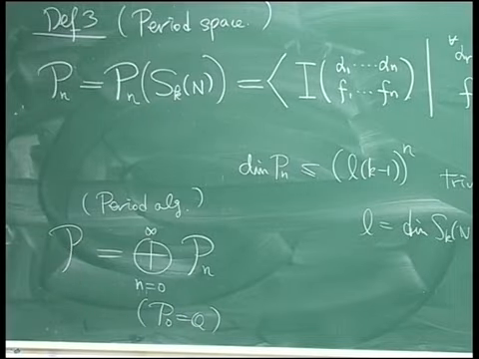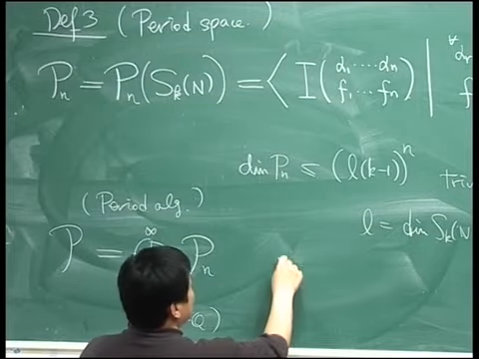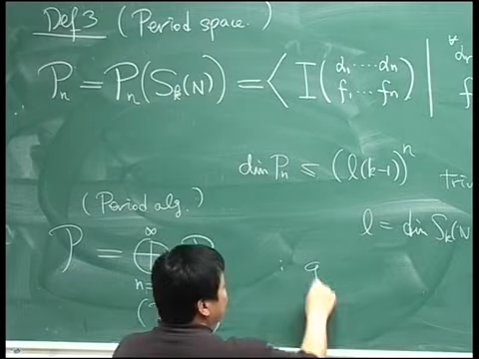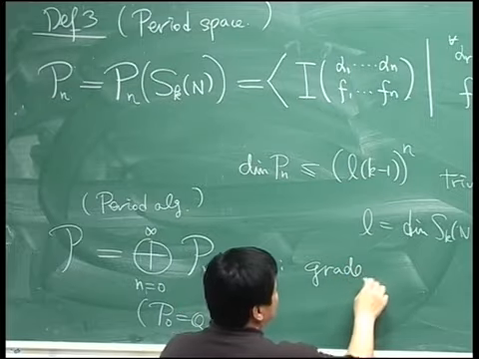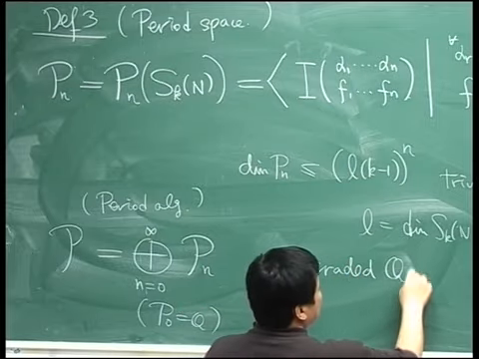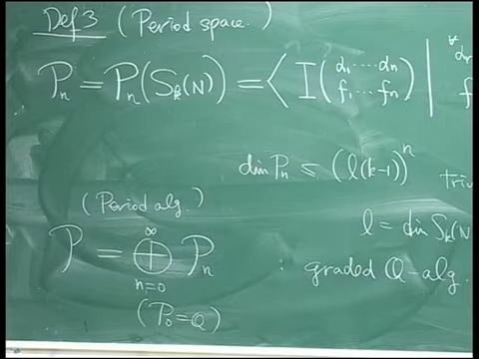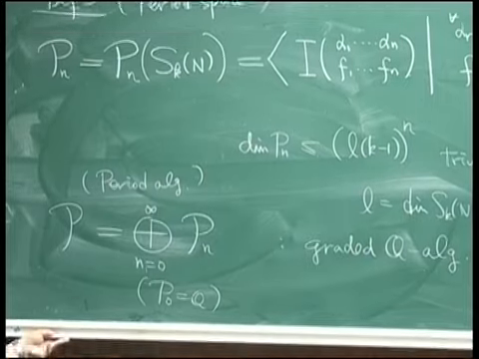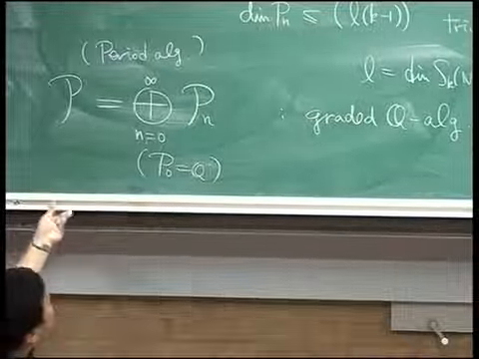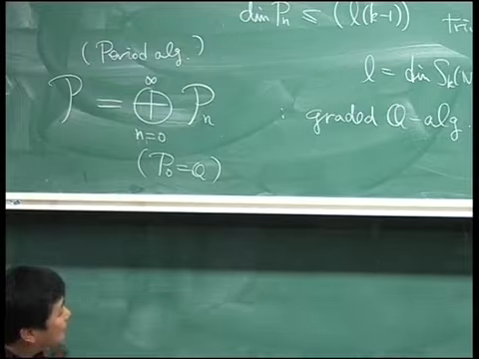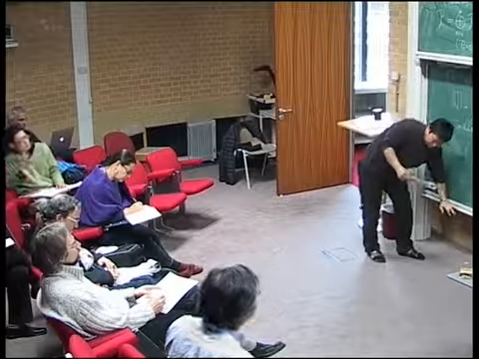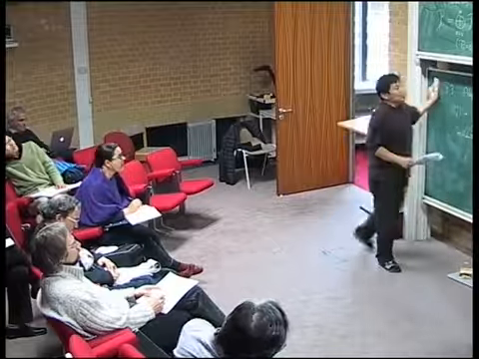I'm choosing the rational field as a base field. Then this has a graded algebra structure from the shuffle property.